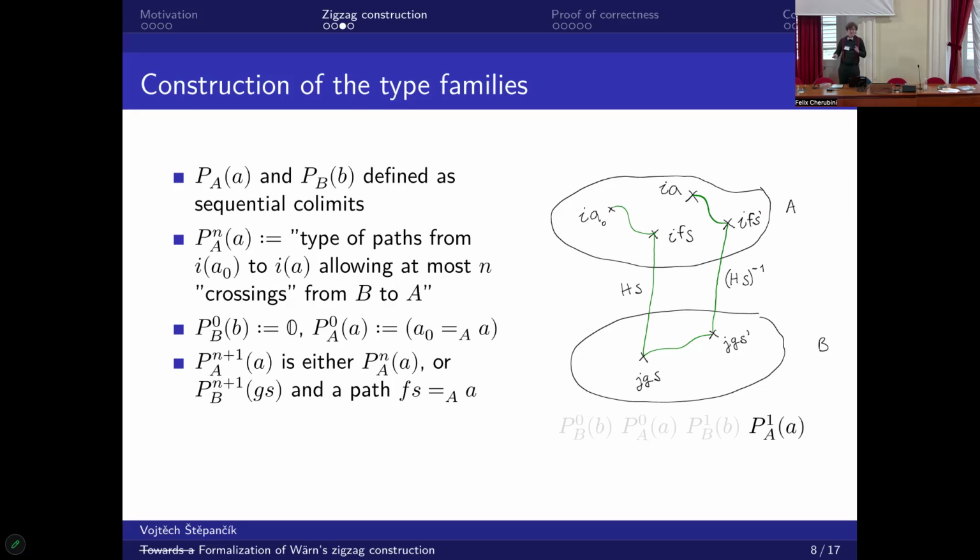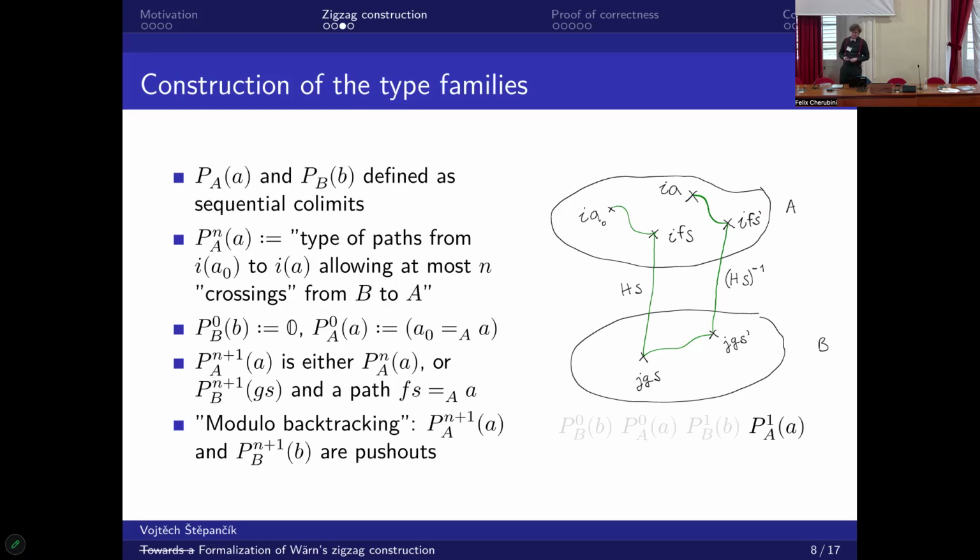And these two operations allow us to interleave these connecting paths between the two components. And we consider these paths modulo backtracking, to borrow a term from Wärn's note, which says that whenever we go up and down or down and up immediately along the same path, then that's as if we did nothing. Like we quotient those things away, which makes these fibers pushouts themselves.